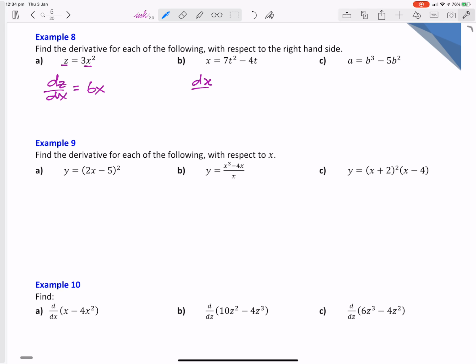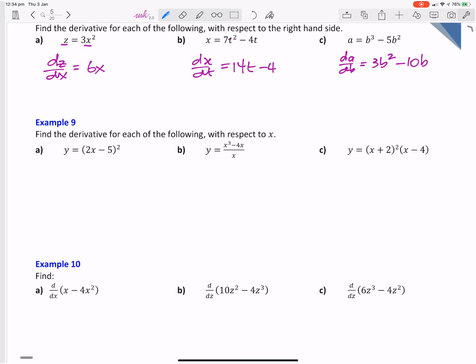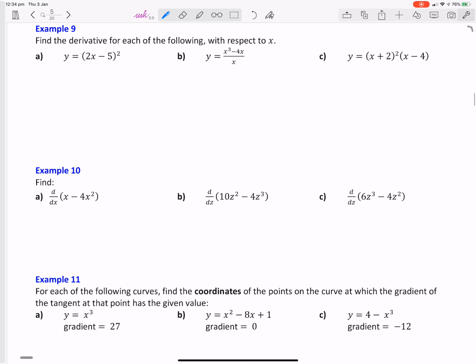Here, dx dt is, bring your 2 down to the front, 14t, bring your 1 down to the front, minus 4t to the naught, so it's just minus 4. Here, I want to get dA dB, bring your 3 down to the front, 3b squared, minus 10b. So it's just having different variables, which is very common.